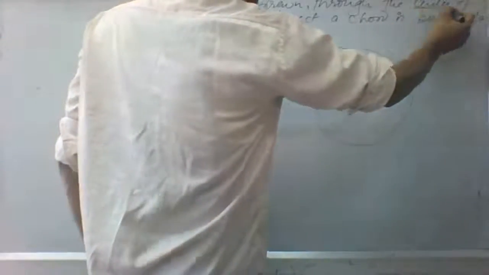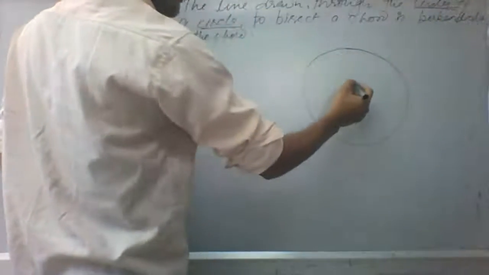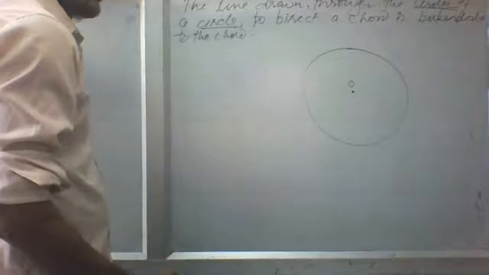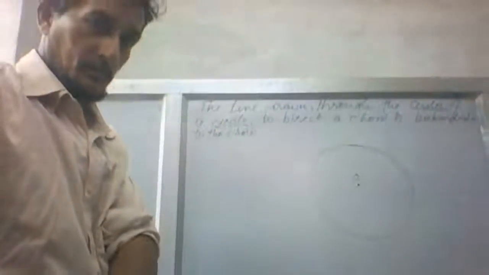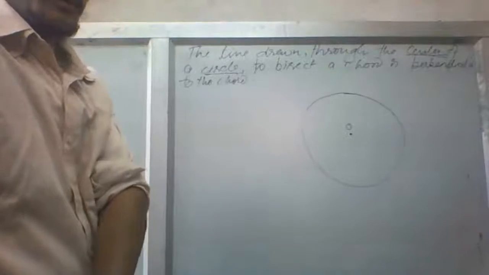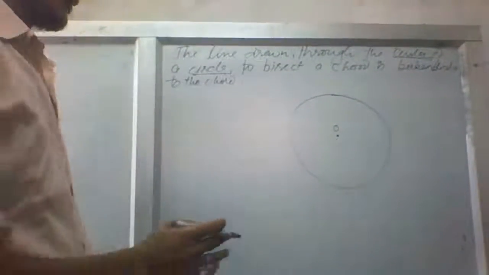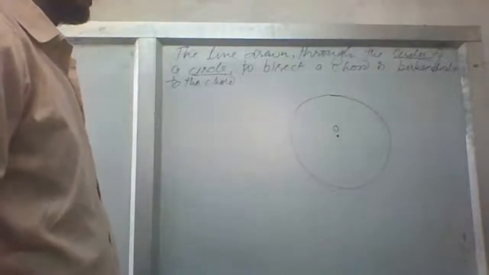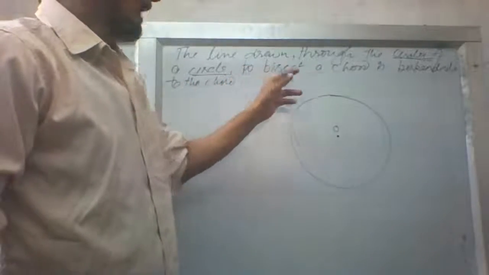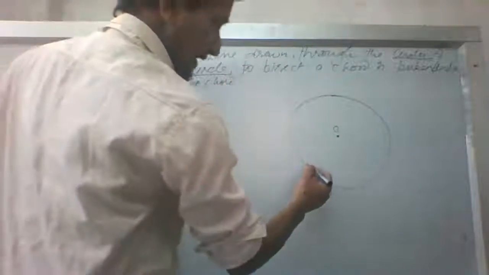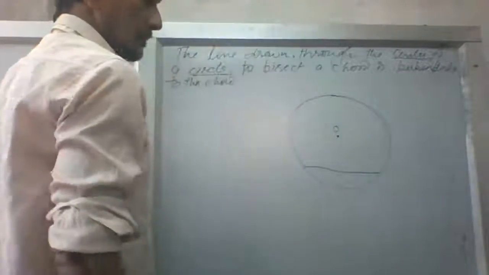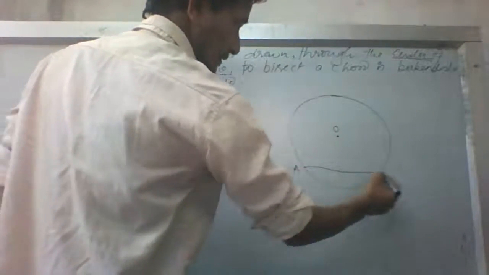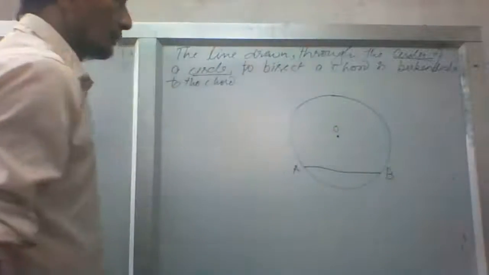Through the center of the circle, the center is made O. Center is made. To bisect a chord, now make a chord A and B. Give it a name.